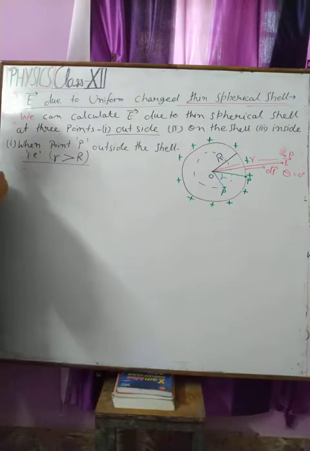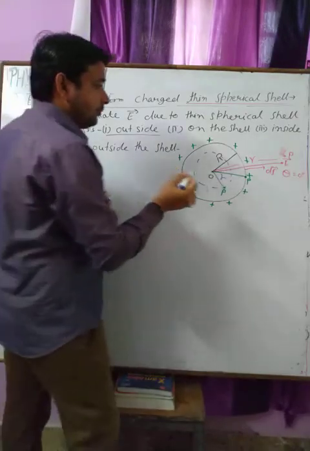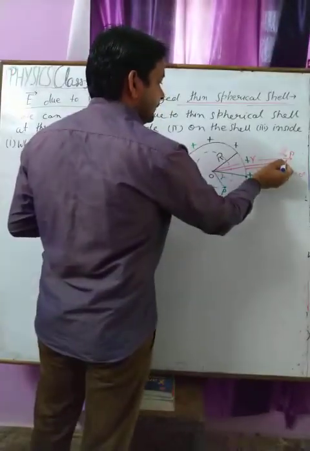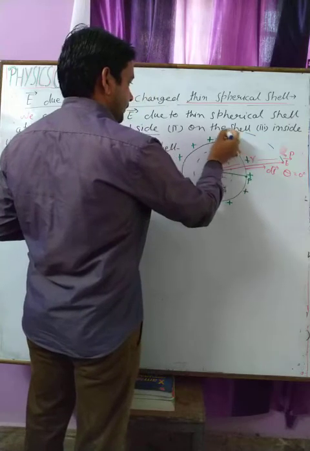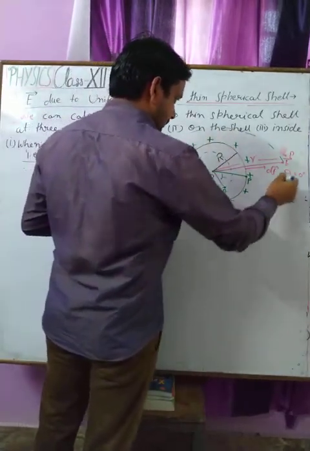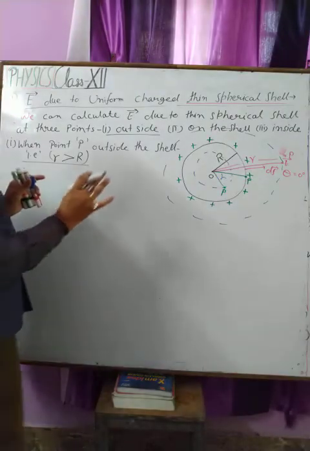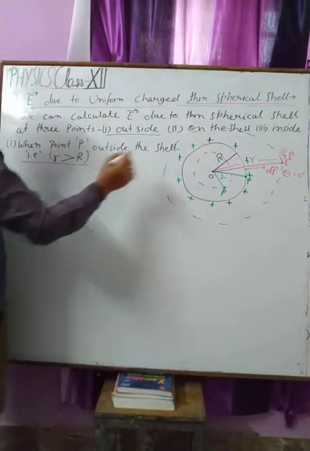Now we calculate the electric field for this point P. Therefore, first we assume the outside surface. It is also in the form of a symmetric sphere.